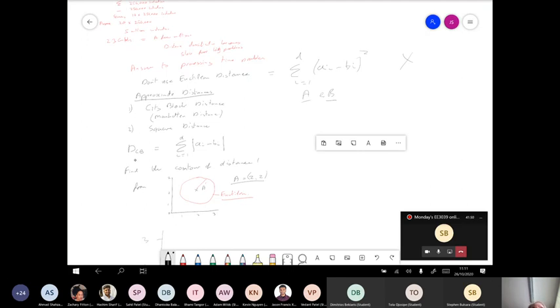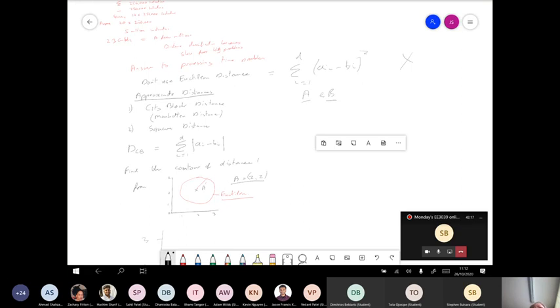Now, the definition of the city block is the summation over all dimensions of the modulus of ai minus bi. To calculate the modulus is computationally pretty cheap. It's one subtraction, which is the same as one addition, and then we ignore the sign bit. So it is much faster than the squaring operation.